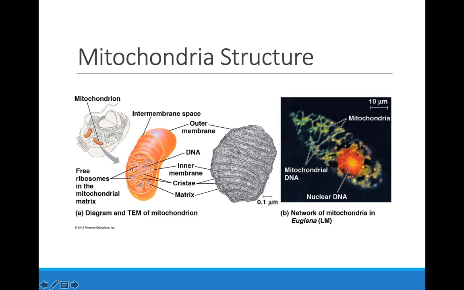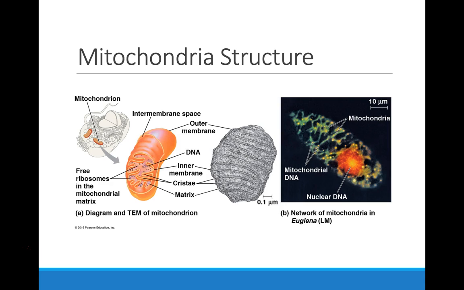We talked about this as one of the ways that you can increase the surface area to volume ratio in a cell as a whole, but mitochondria also do that. By increasing the surface area of the inner membrane, those cristae have a larger surface area.